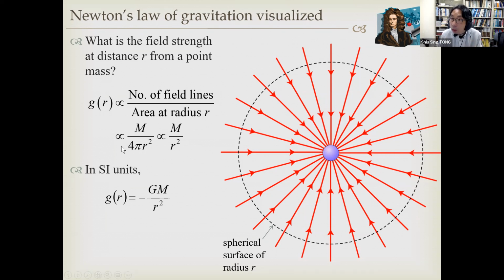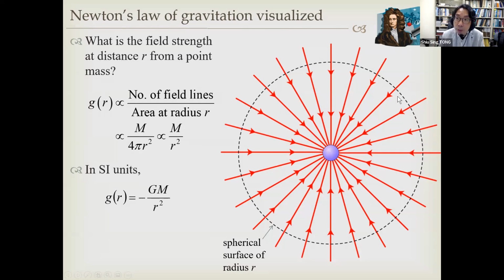So you can see immediately that this quantity is proportional to the mass divided by r squared. And in SI units, the gravitational constant G is the proportionality constant, so the formula becomes Gm over r squared with a minus sign. Okay, so that is the idea.